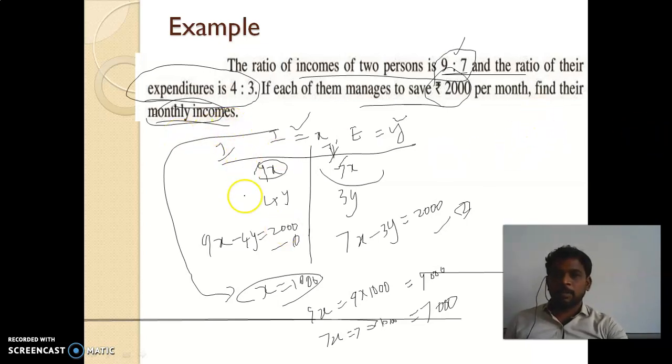So you should complete like this: therefore, the monthly income of the first person is this much and the monthly income of the second person is this much. So the proper completion is very important in every word problem. In the similar way, the proper steps are also important in every word problem, right?